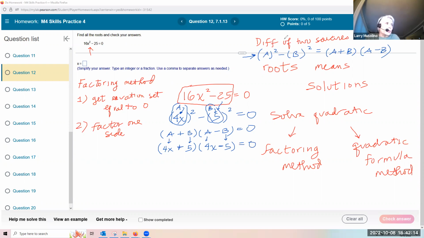All right, let me go to the third step of this factoring method. It says set each factor separately equal to 0. What that really means is set each parenthesis separately equal to 0.